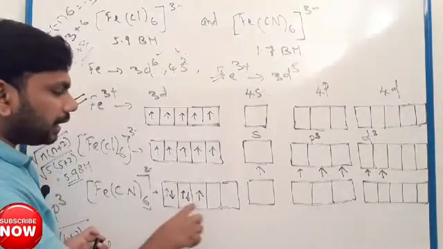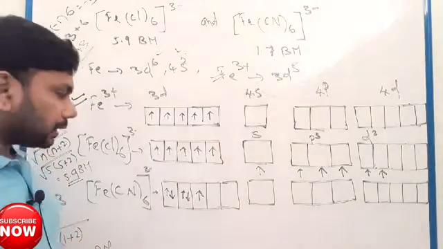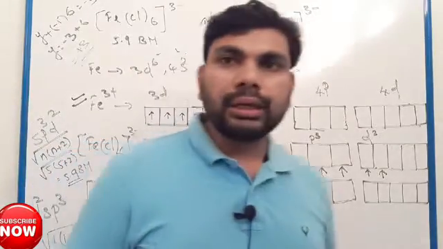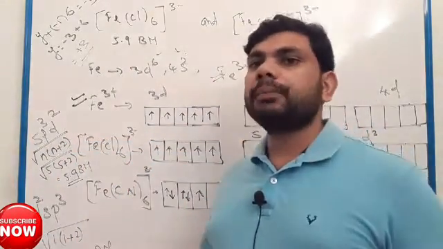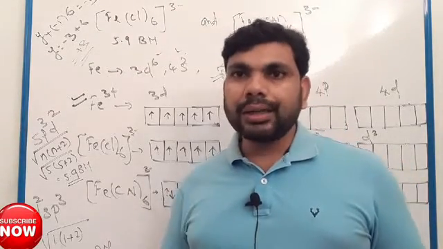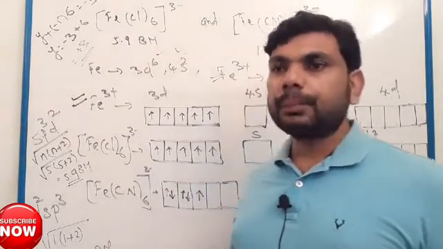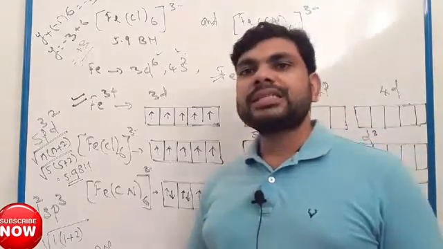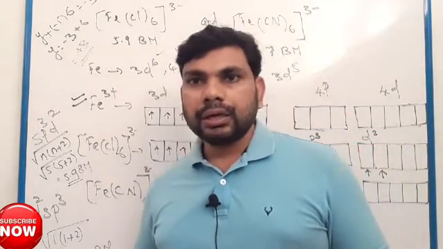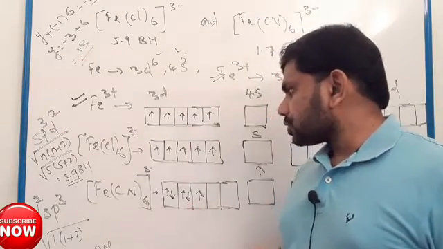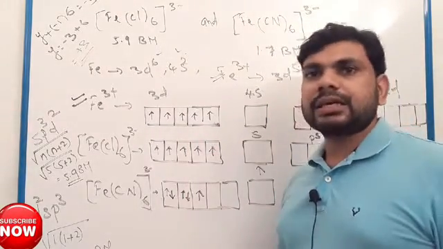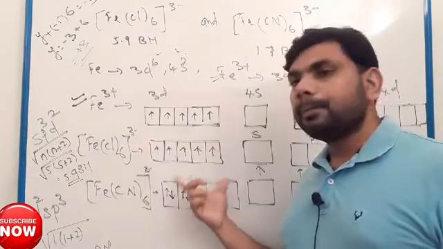How many unpaired electron here? 1 unpaired electron. So you can do accordingly root of n into n plus 2, so root of 1 into 1 plus 2, answer 1.7 Bohr magneton. Clear? So here 1 unpaired electron, so these are paramagnetic substances because they contain unpaired electron.